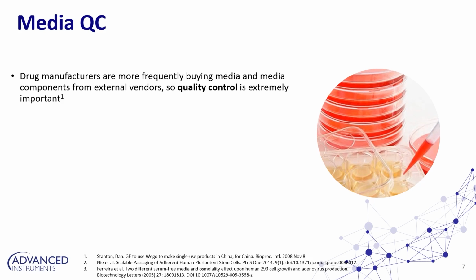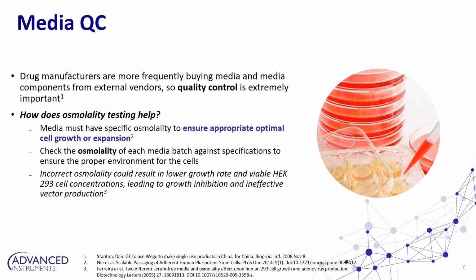Cells need a physiologically relevant environment, so osmolality is a key parameter. There is clear evidence that falling out of specification affects the growth rate and productivity of HEK293 cells, obviously a key cell line for a lot of viral vectors. This can then be compared to the more stable nature of monoclonal antibodies, which are less susceptible to environmental changes.